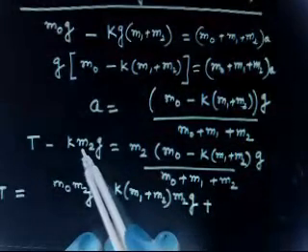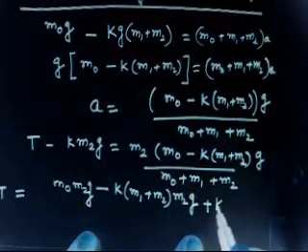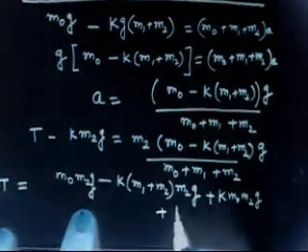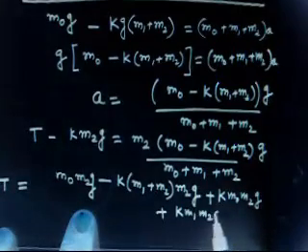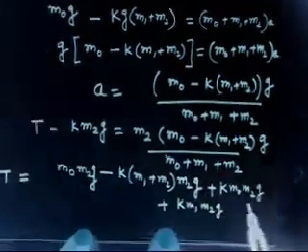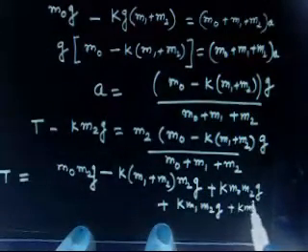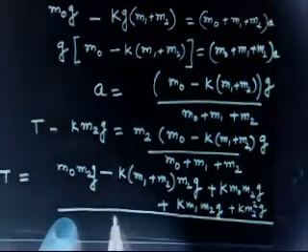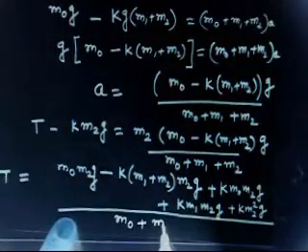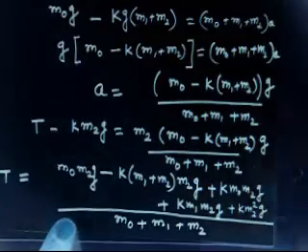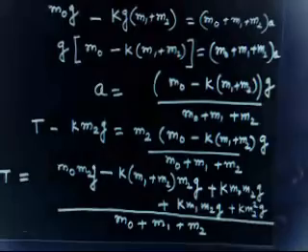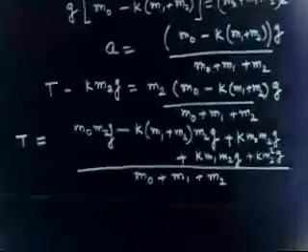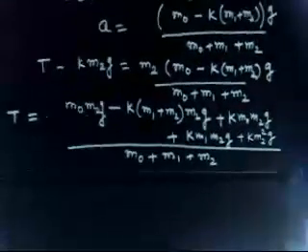So plus k m2 m0 g, k m0 m2 into g, plus k m1 m2 g plus k m2 square into g, and this divided by m0 plus m1 plus m2. Are you getting? So you will get this value. So let us copy this one, and you can solve for tension from here.